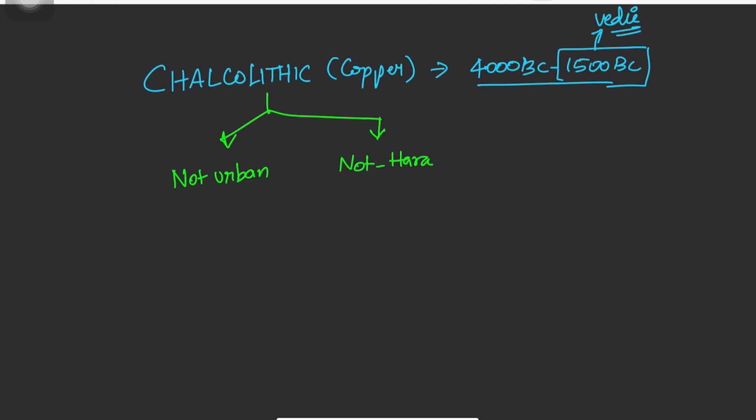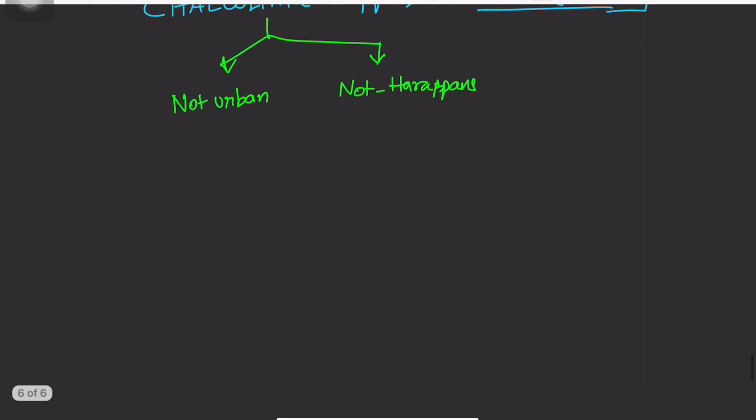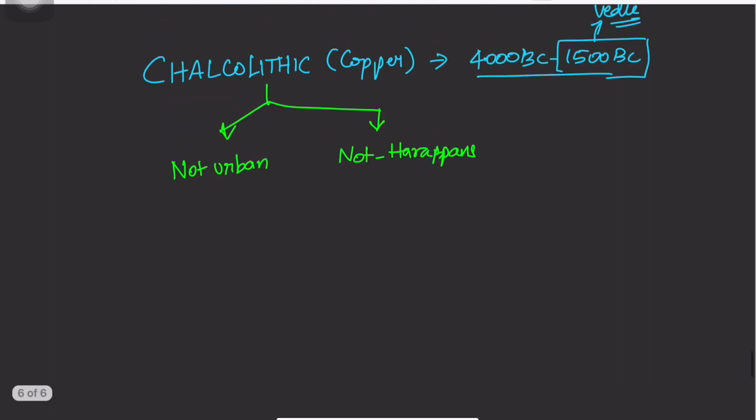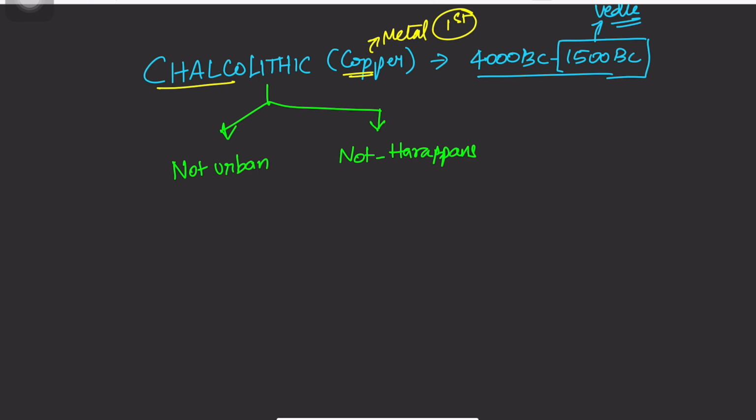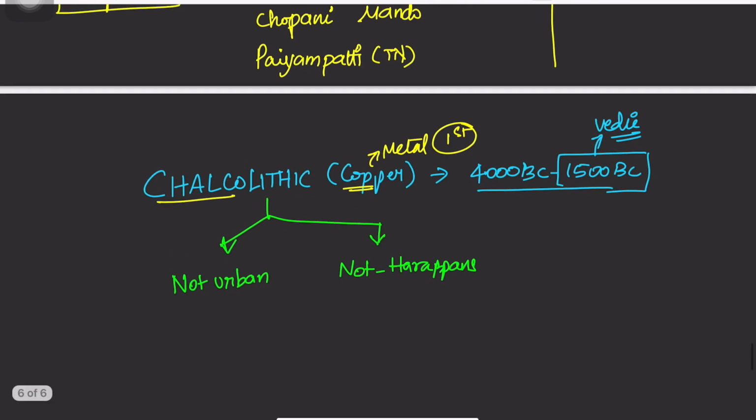Okay, you have to remember this differentiation between Chalcolithic people and the Indus Valley Civilization. Another takeaway here was the first-time use of metal. Okay, metal was first used in the Chalcolithic period, not IVC, not the Vedic period. It was first used in the Chalcolithic period.